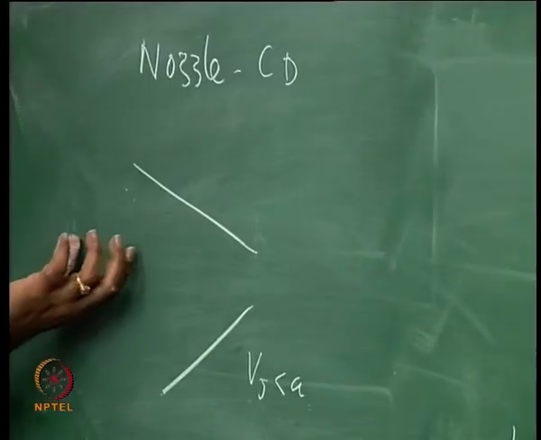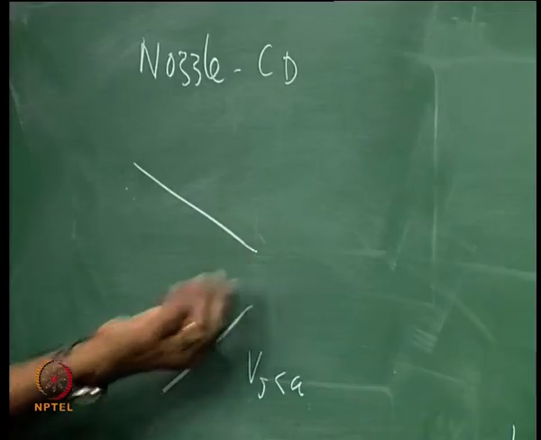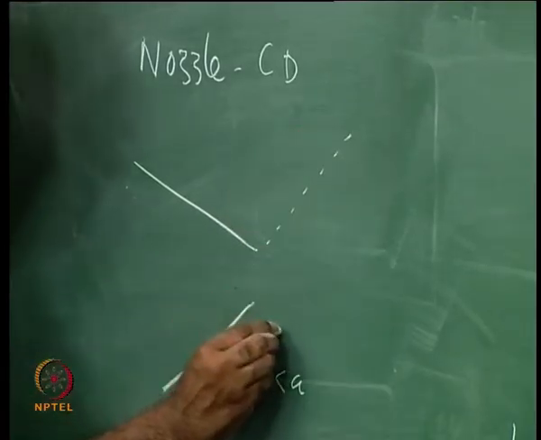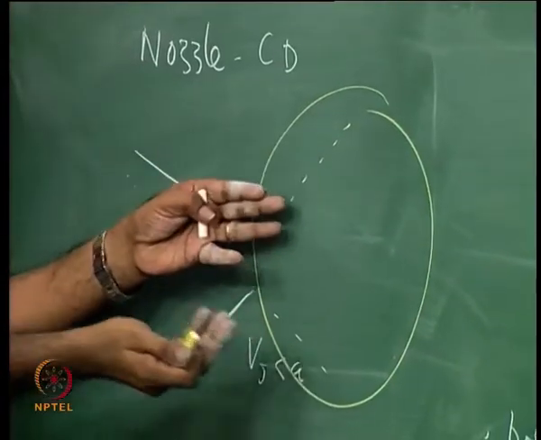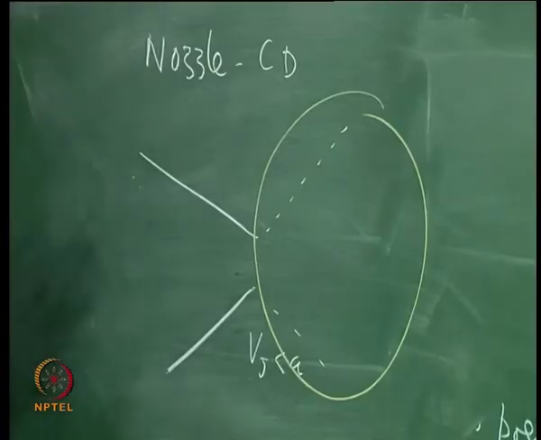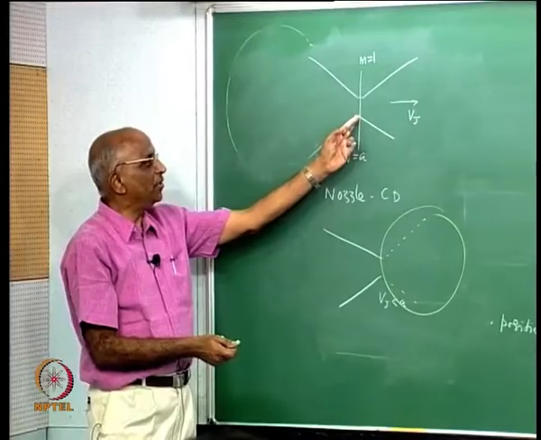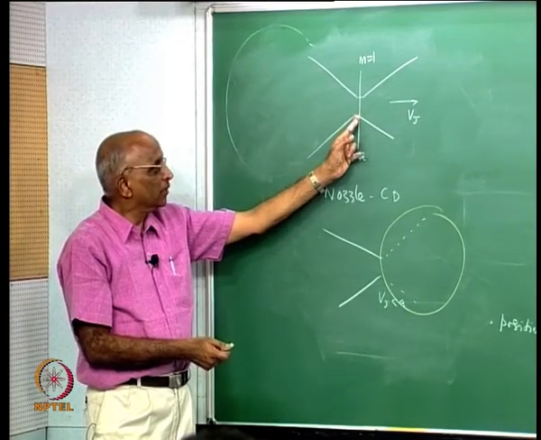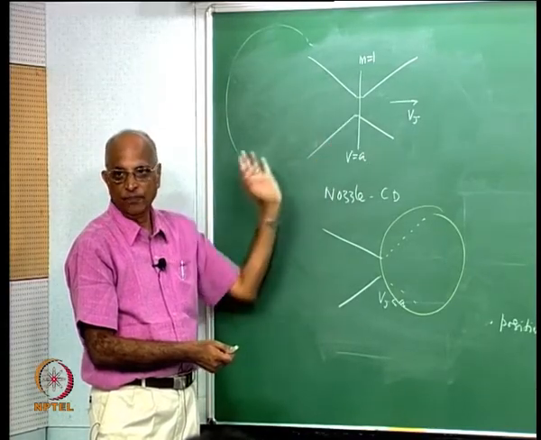That means if I have inadequate conditions such that I cannot get there, then I must do away with the divergent section, because if I have this divergent section over here, I am really losing, not gaining. Therefore, whenever a rocket nozzle has to be designed, we have to ensure that the velocity of the flow at the throat is equal to the sound speed.